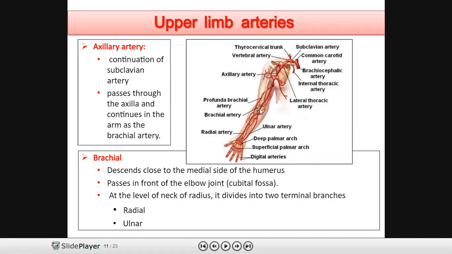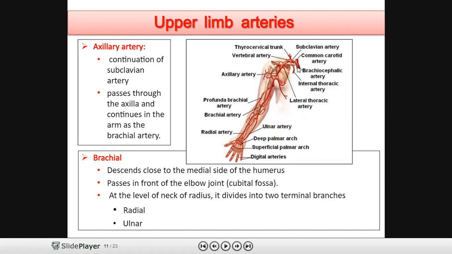So if we trace the brachial artery backward, we would get to the brachiocephalic artery. The brachial artery was formed from the axillary artery. The axillary artery was formed from the subclavian artery. The subclavian artery was formed from the brachiocephalic artery.